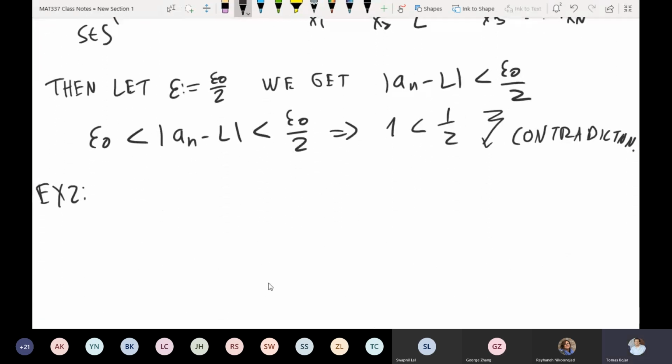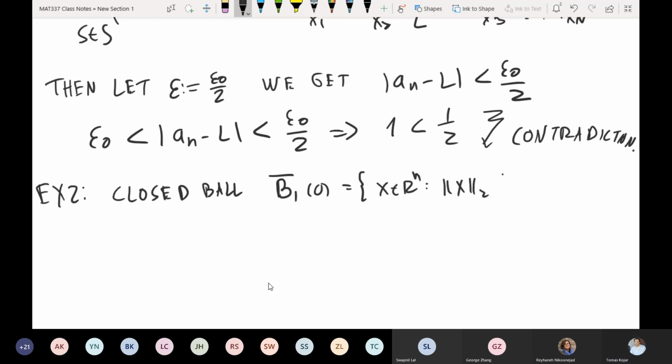All right. Second example: a closed ball B_1(0) is closed.